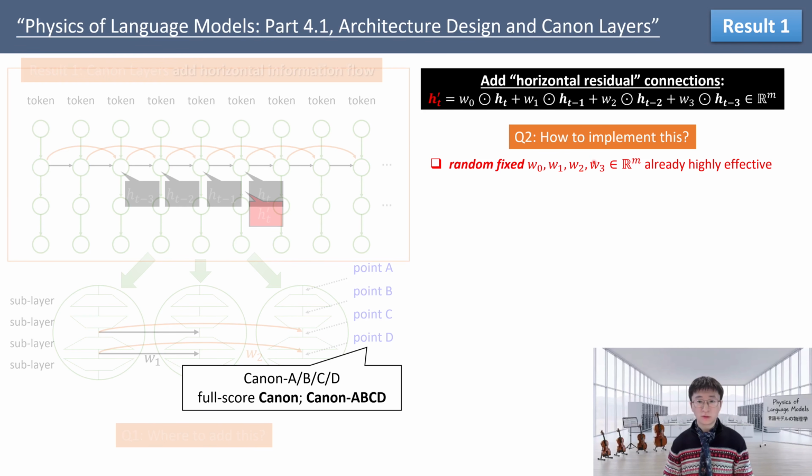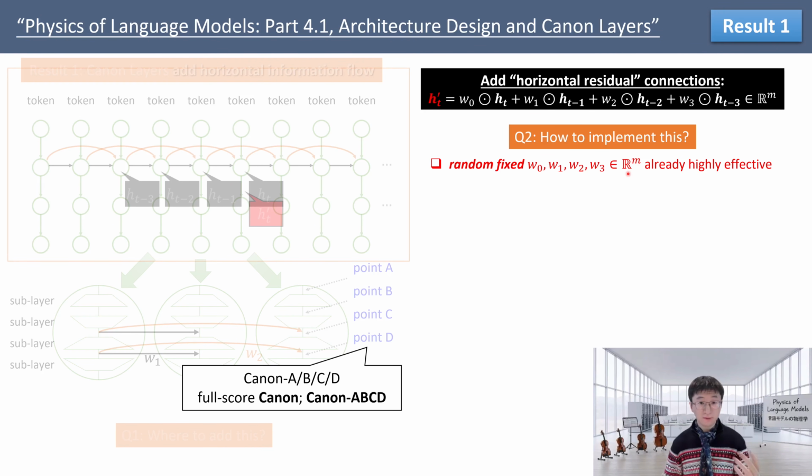So this turns out to be already highly effective. I showed all the experiments in the paper, but I'm not going to include this part in the talk. This means that you probably don't even need very complicated implementations of the Canon layer, and they can already work very effectively. In all of the five synthetic task dimensions, you're going to see that this boosts your model's performance.